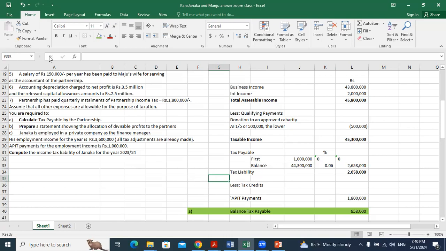Sir, the payment is 1 million, no? Is it 1 million? The partnership has paid quarterly installments of partnership income tax of 1.8 million. Are you referring to some other information? Don't read the C part.